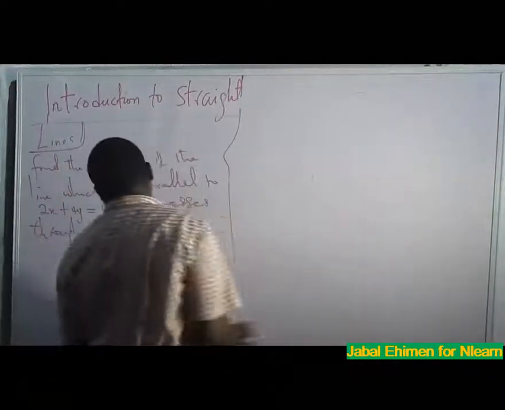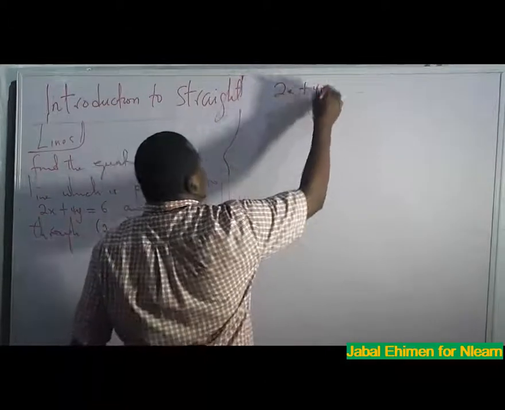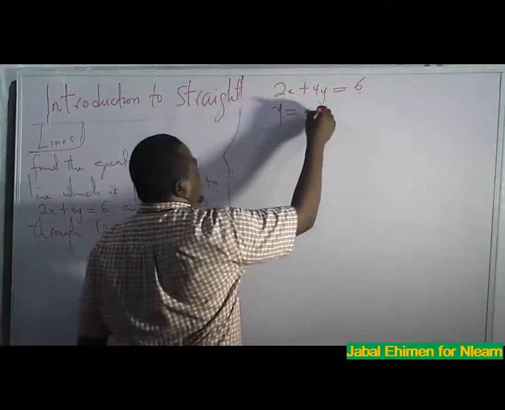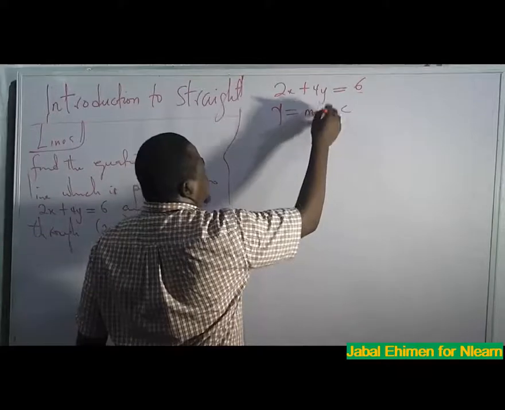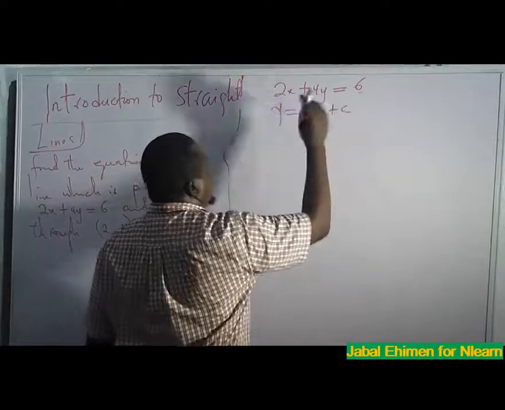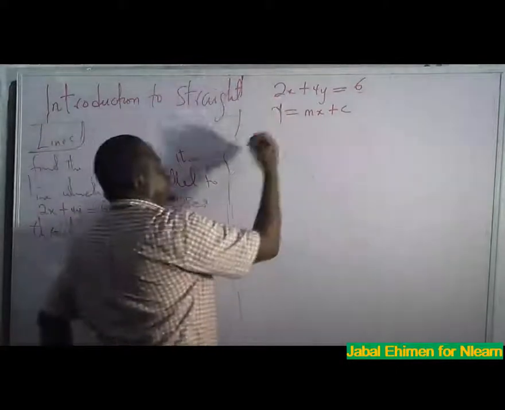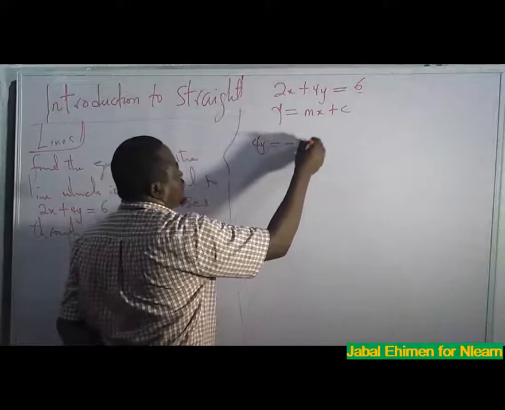The reason is, when you see those conditions, you first bring out the equation: 2x, 4y, and 6. Then you arrange it to be y equals mx plus c, so that you follow mx plus c. Y comes first. So if I arrange that, I'll have 4y equals minus 2x plus 6.